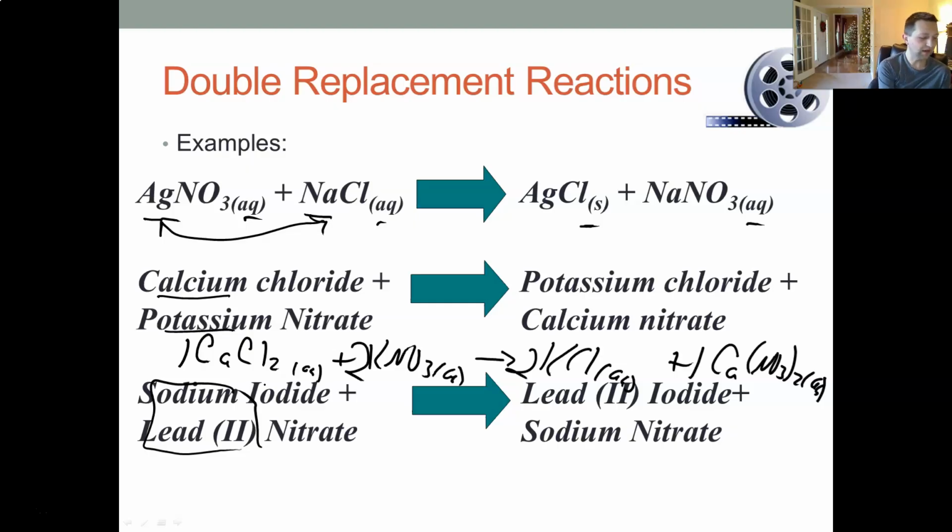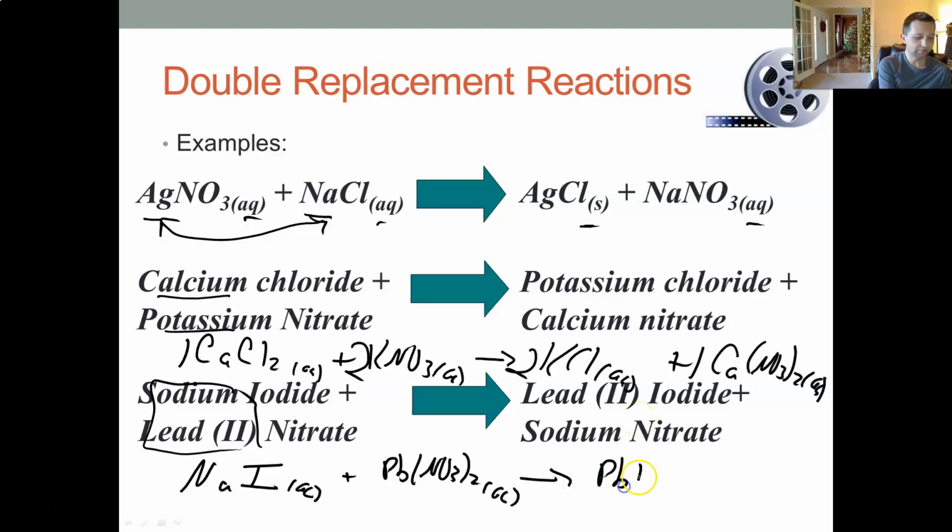Okay, so formula for that, sodium iodide, NaI, aqueous, plus lead-2 nitrate, PbNO3, aqueous, yields lead-2 iodide, PbI2, and that is a solid actually. That is going to be the video clip of this I show you in class. And sodium nitrate is aqueous. NaNO3.